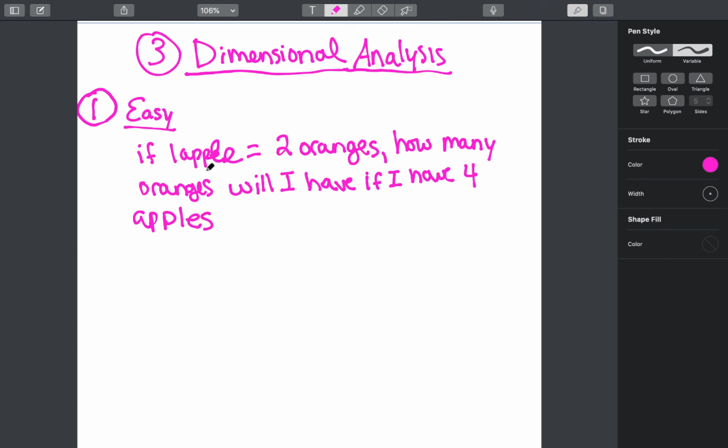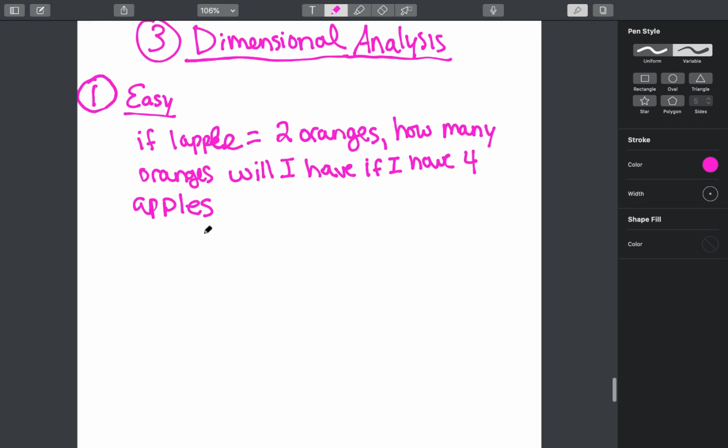Okay. So if 1 apple equals 2 oranges, how many oranges will I have if I have 4 apples?